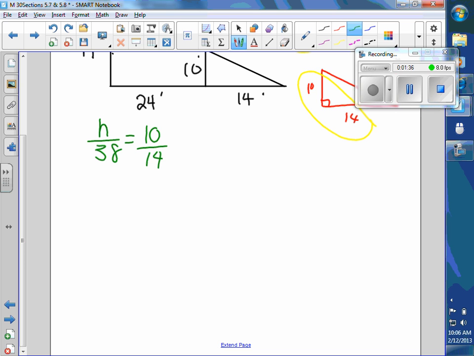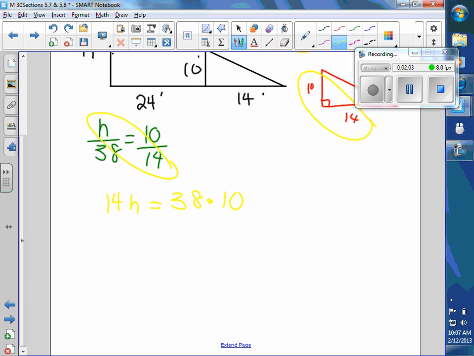If I do it one way and you do it a different way, as long as our cross products remain the same, meaning that I have 14h and 38 times 10, you don't need to keep asking if you could set it up a different way, because the first step could be set up 4 different ways, but as long as our second step matches, we're good. Okay, does that make sense?